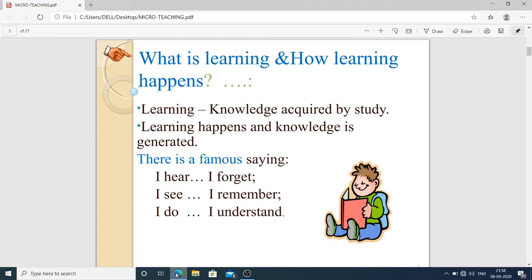Then what is learning and how does learning happen? Learning is actually knowledge acquired by study. Learning happens and knowledge is generated. There is a famous saying: I hear, I forget; I see, I remember; I do, I understand for a long time.